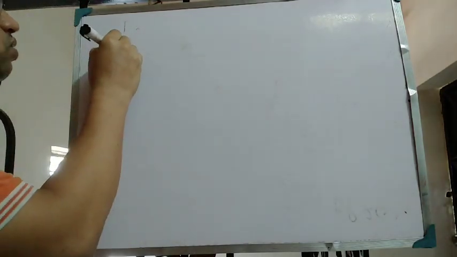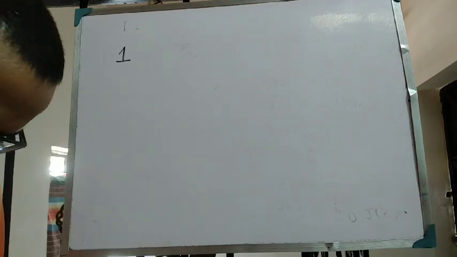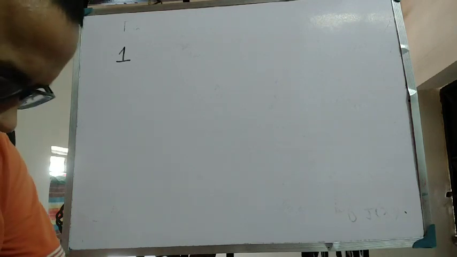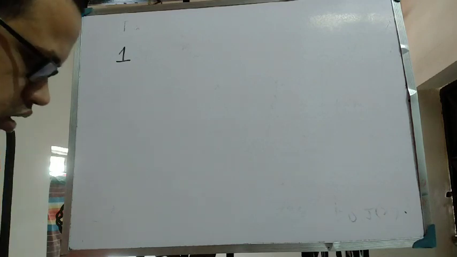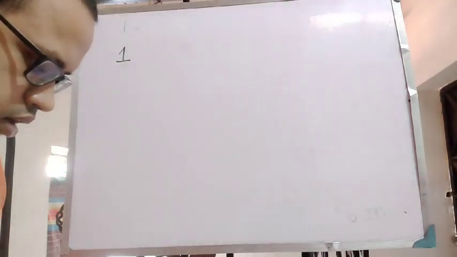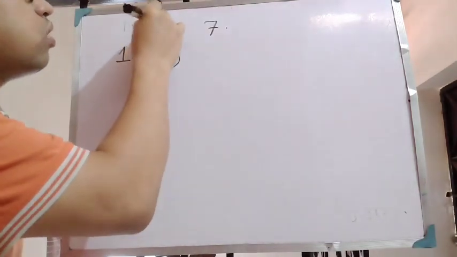First of all, in the very first question of exercise 7.3 and 7.4, which is under the syllabus of the revision test, let's work out the problems from question number 1.